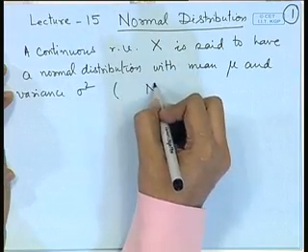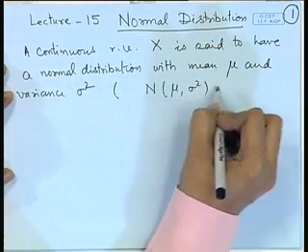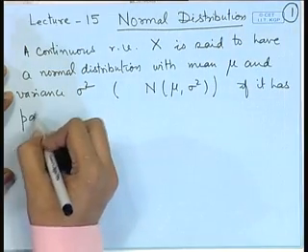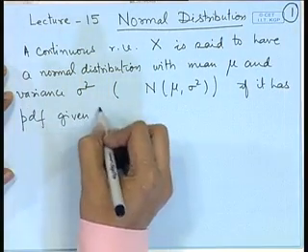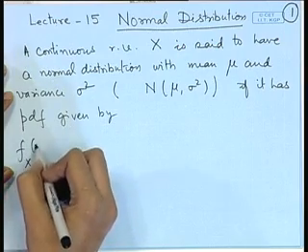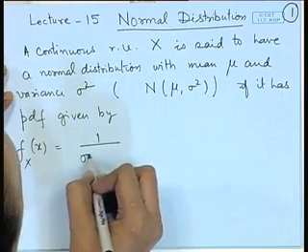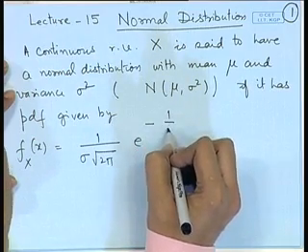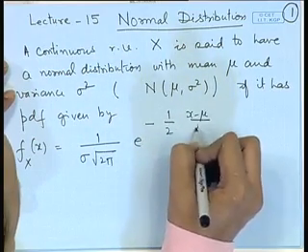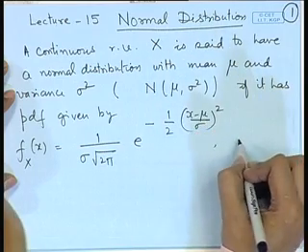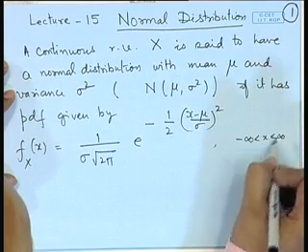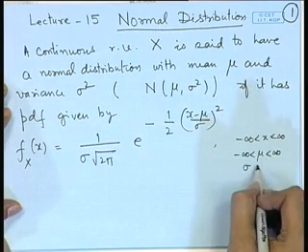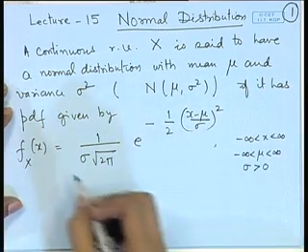We will denote it by N(mu, sigma square) if it has the probability density function given by 1 by sigma root 2 pi e to the power minus 1 by 2 ((x minus mu) by sigma) whole square. The range of the variable is the entire real line. The parameter mu is a real number and sigma is a positive real number.